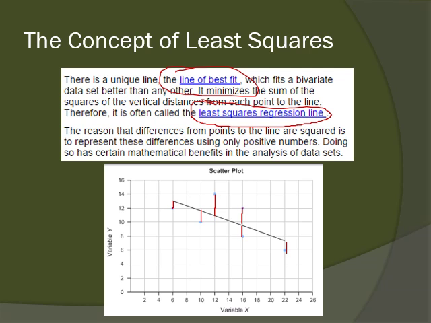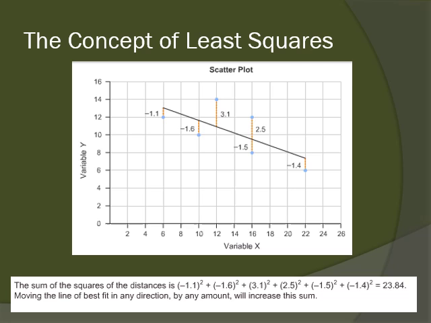Then you add all of those up, and you're looking for the line where, when all of the squares are added together, the value is the least it could be. If I put that line somewhere else, I'm going to end up with a way bigger value when I add up the squared values. So you're looking for the least squares regression line. That's what it's called.